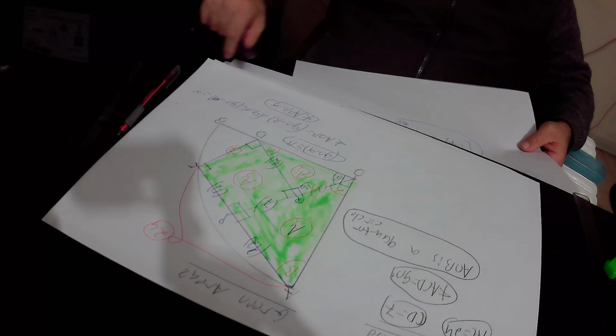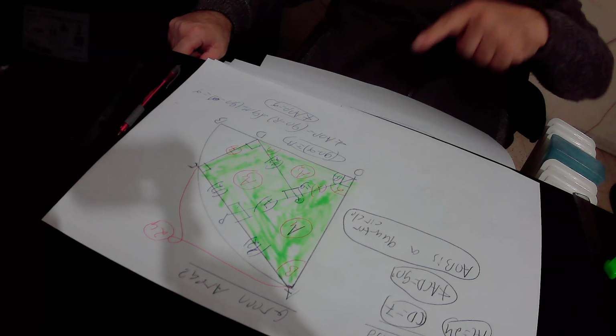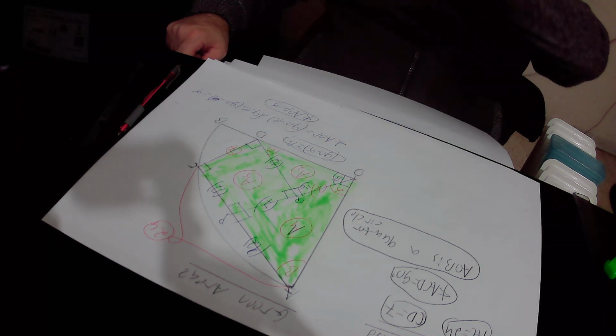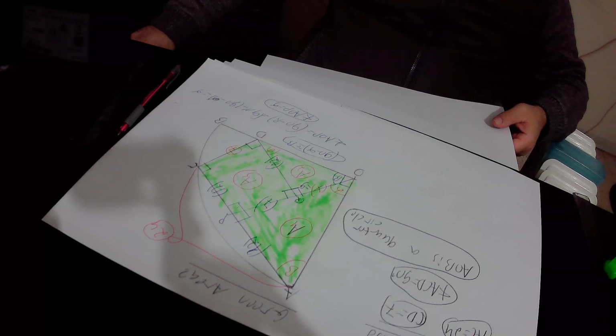In the next step, I will present to you how to find the area of this green shape according to the second method.